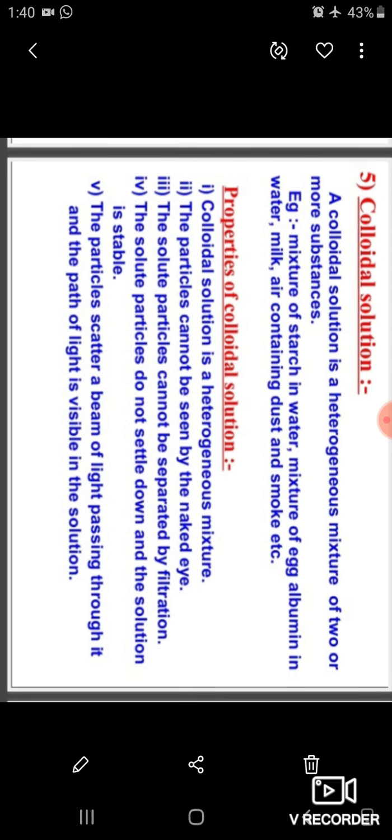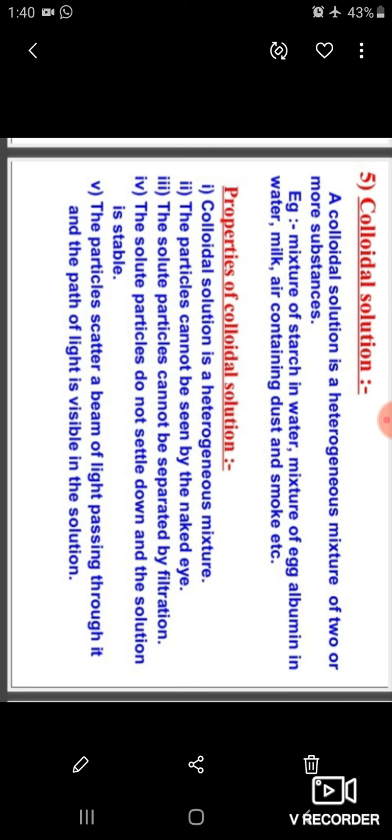In a colloidal solution, the solute particles cannot be separated by filtration because the particles are too small. The solute particles do not settle down and the solution is stable.